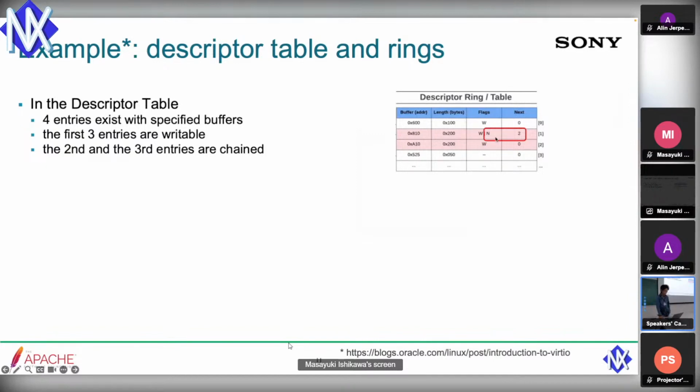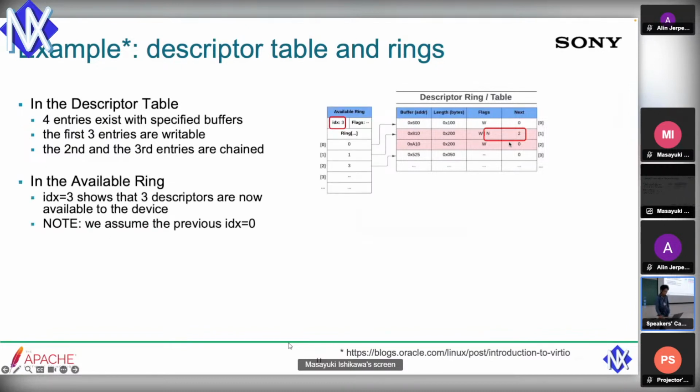And the second and third entries are chained with this N bit. In the available ring, idx equals 3 shows the 3 descriptors are now available to the device.